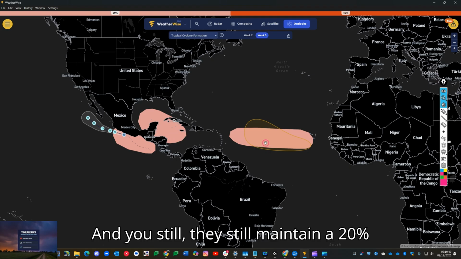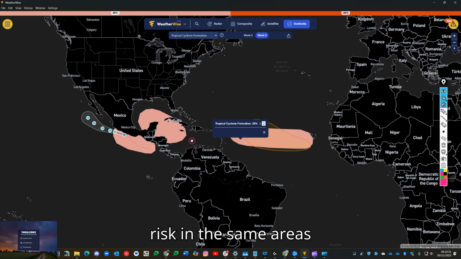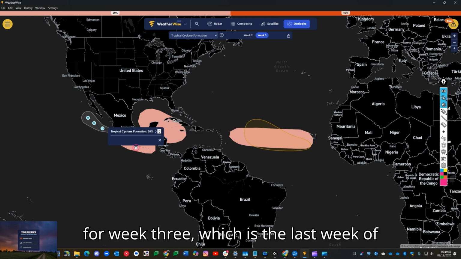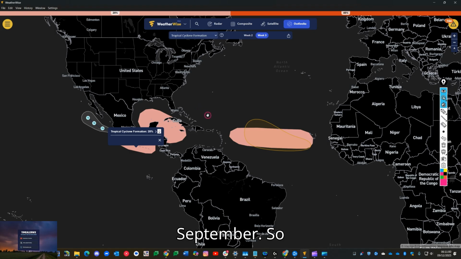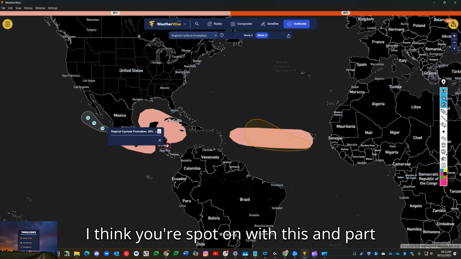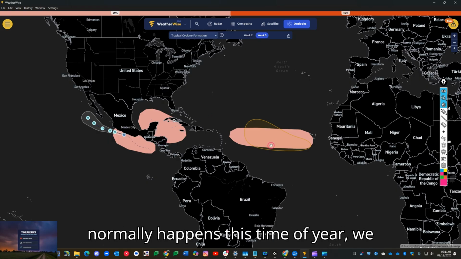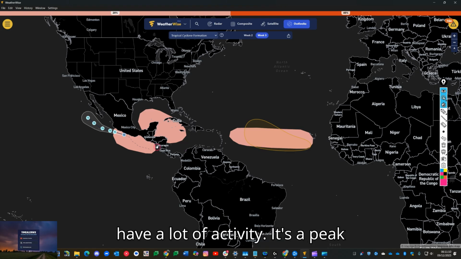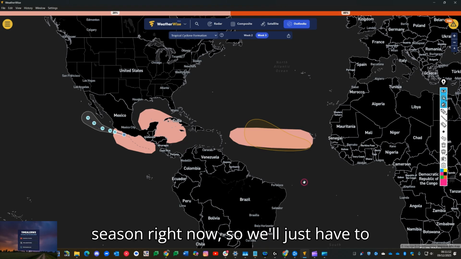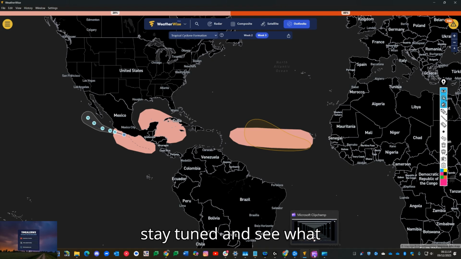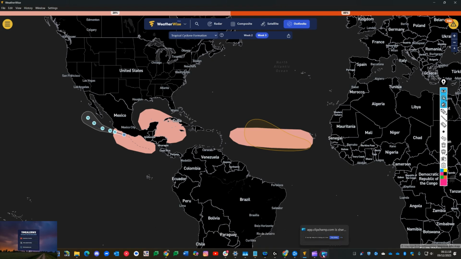And they still maintain a 20% risk in the same areas for week 3, which is the last week of September. I think they're spot on with this, and part of this is based on climatology. What normally happens this time of year, we have a lot of activity. It's peak season right now, so we'll just have to stay tuned and see what happens.